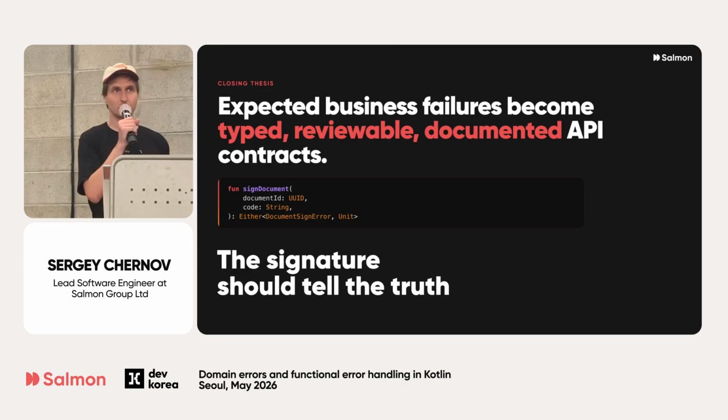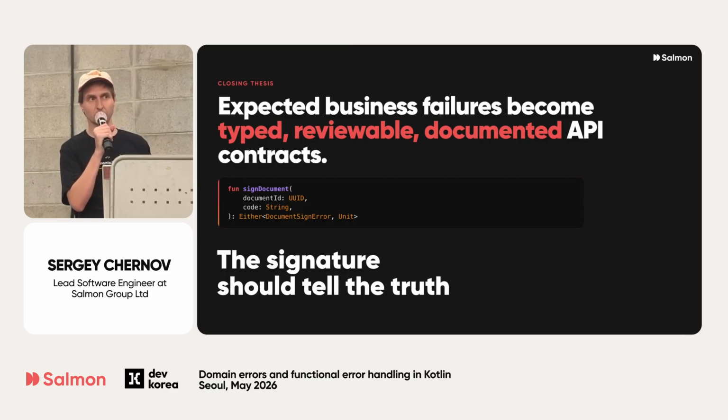Yes. If you implement some payment API and you have your card provider integration, you should ask the card provider API to give you a way to distinguish the error cases, so you can reflect them in your API, in your Kotlin domain union types.